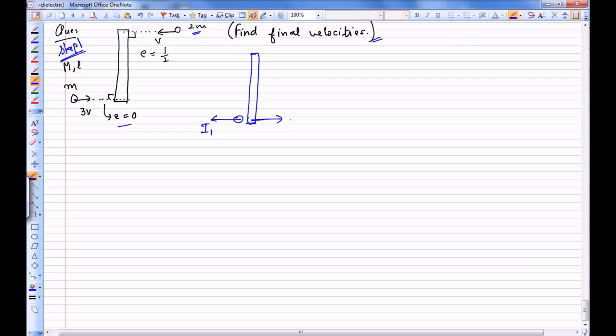Therefore an impulse of I1 is going to act on the rod towards the right, and the upper particle experiences an impulse of, say, I2. So this rod is also going to experience an impulse of I2 in the opposite direction. So this is our step 2, part 1. This is our impulse diagram.